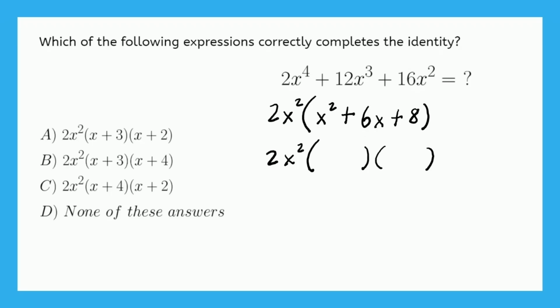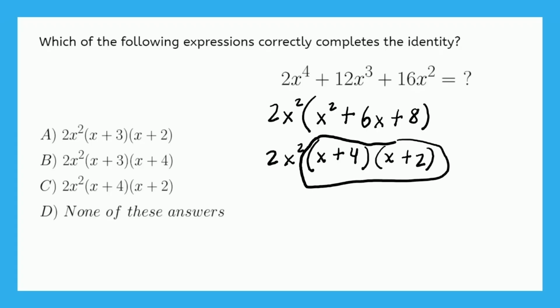So watch this. Our binomials will start with x, and this time they're both positive. That is the numbers in the second part of each binomial. And like we said, 4 plus 2 is 6, and 4 times 2 is 8. Now if you were to multiply these binomials again, you would see that you do in fact get this trinomial.